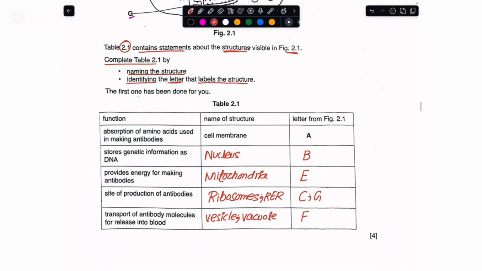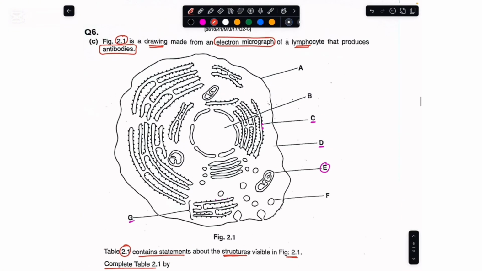And for your ease, the examiner has solved the first part. Here they say the function is absorption of amino acids that are used in making the antibodies. The name of the structure which they have given is cell membrane, and the letter which the examiner himself has written is A.